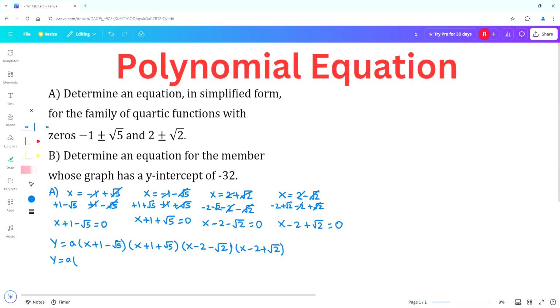In the first two parentheses, x times x is x squared, x times 1 is x, x times square root of 5 is square root of 5x. 1 times x is x, 1 times 1 is 1, 1 times square root of 5 is square root of 5.